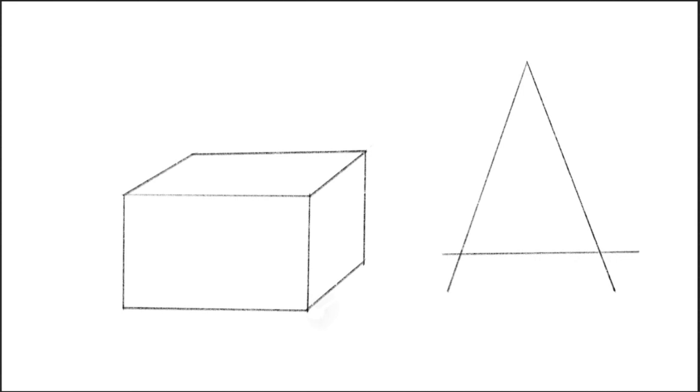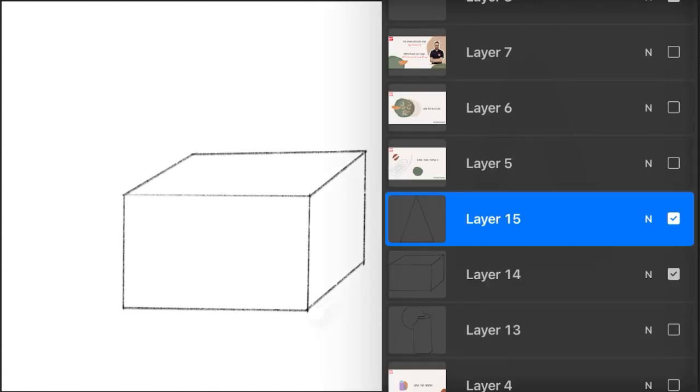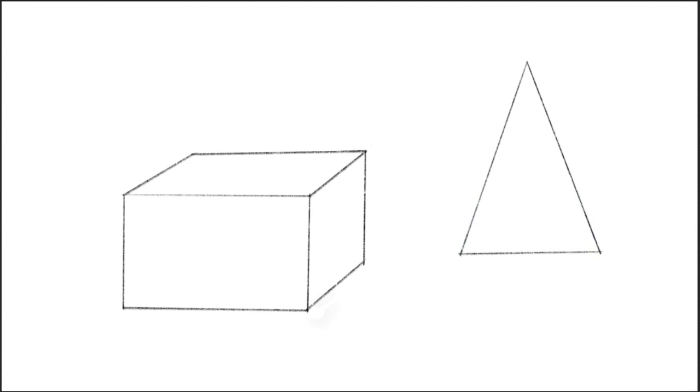I am converting my triangle into a cone. Now I'll be adding a curved line in this horizontal part of the cone. Okay, so this is what I have.